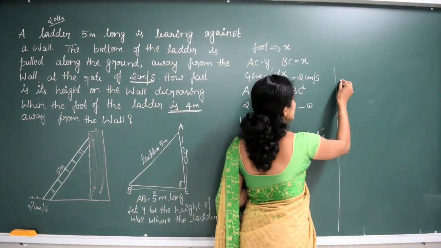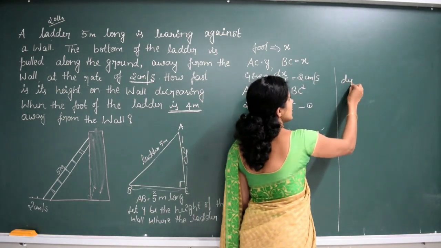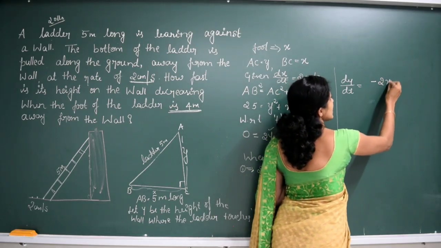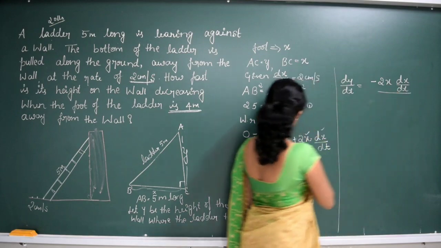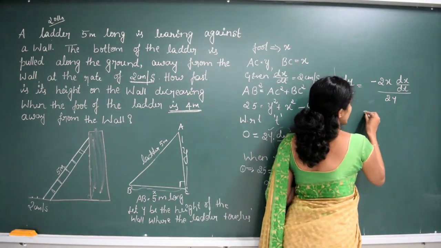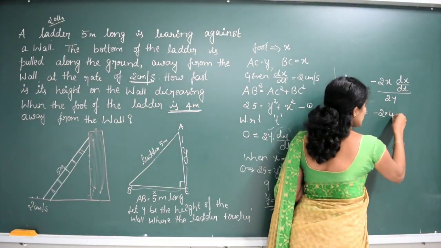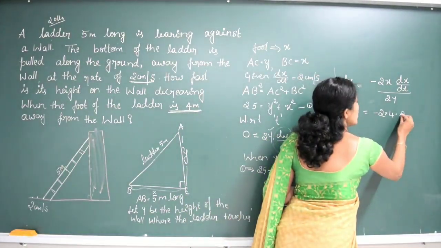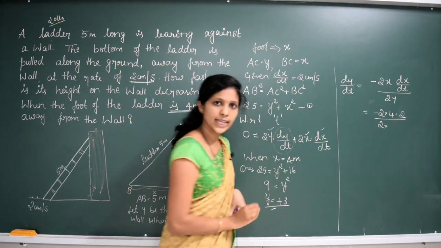So by this we can write, I need the value of dy by dt. So I will write dy by dt is equal to minus 2x into dx by dt, whole divided by 2y. Right? So this is 2y. We will substitute the value. This is minus 2 into x, which is given as 4, into dx by dt, which is given as 2, divided by 2 into the value of y, which is 3.